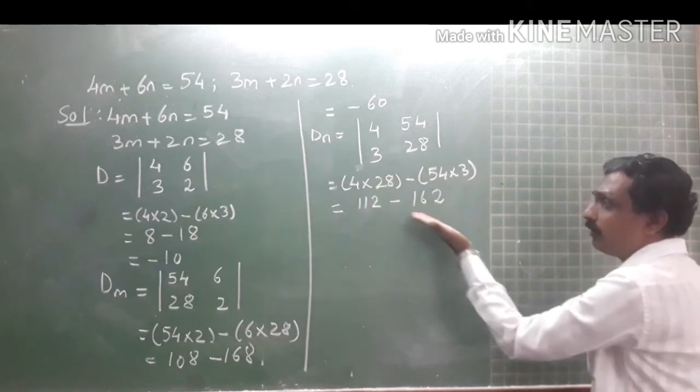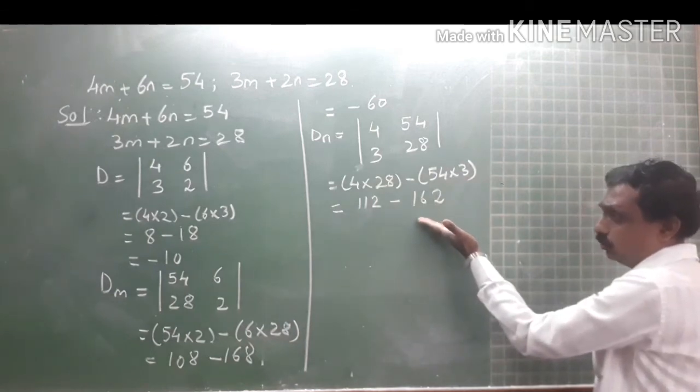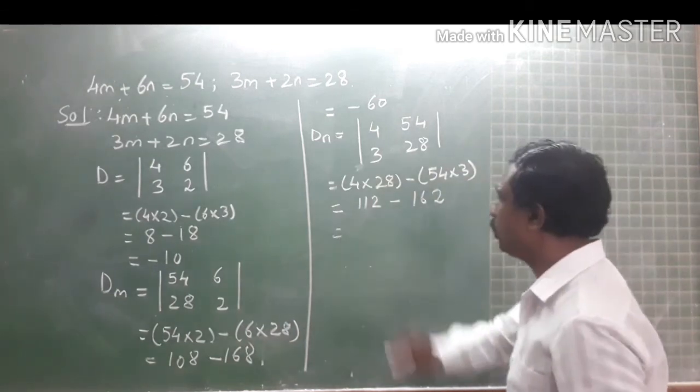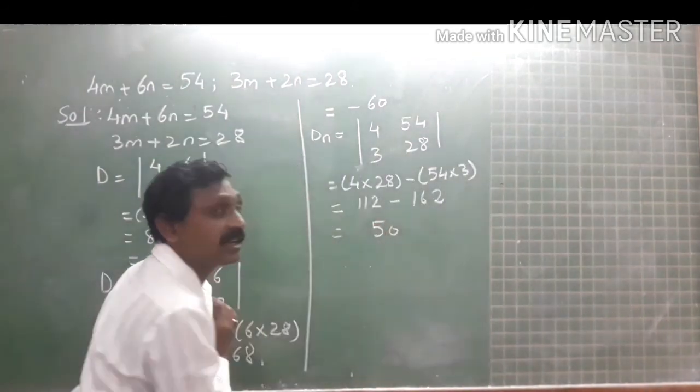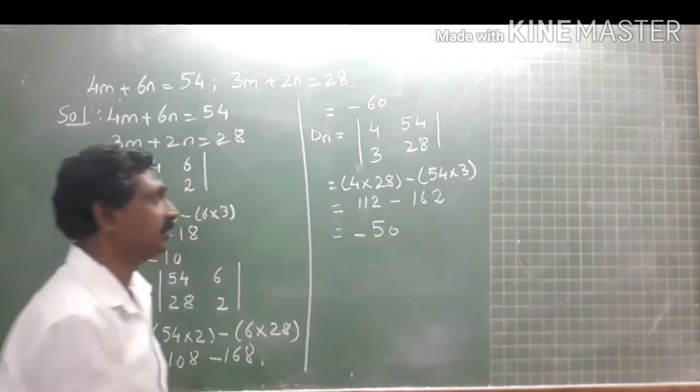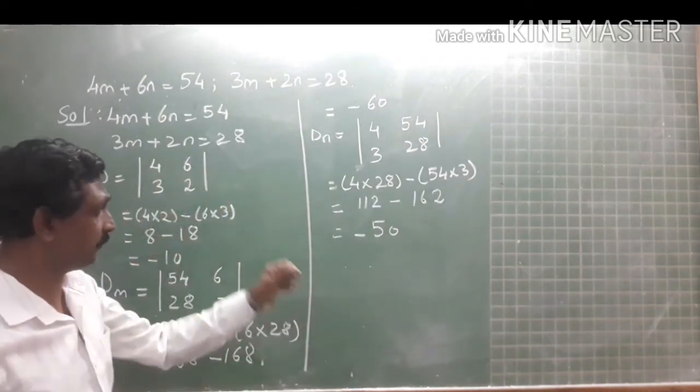Okay, 112 take away 162, which is equal to, how much we get? We get 50, but sign of the greater number minus, so we get minus 50.